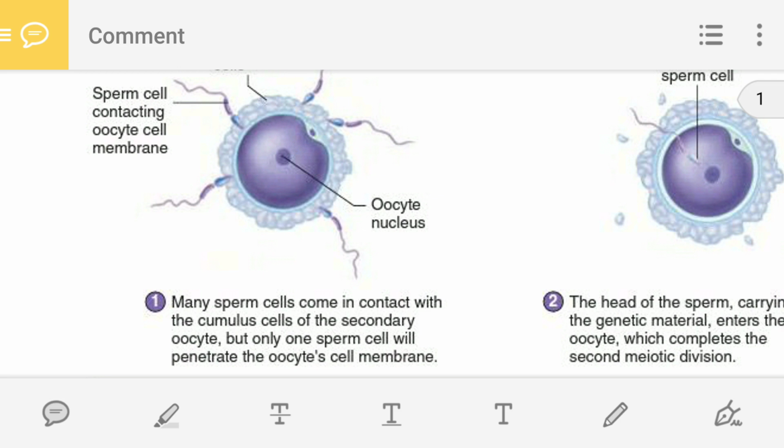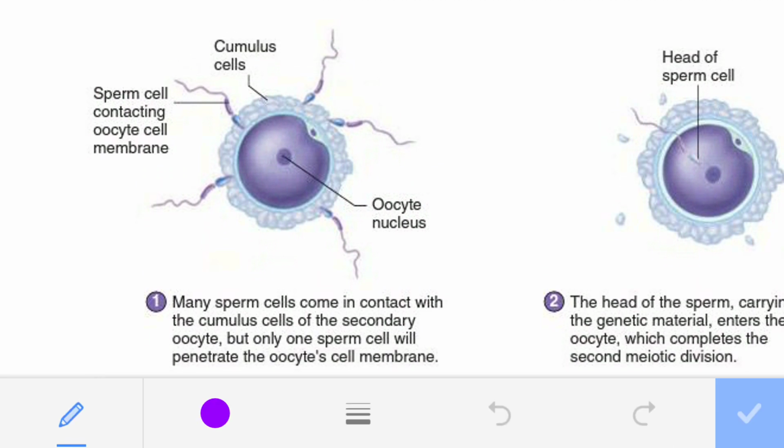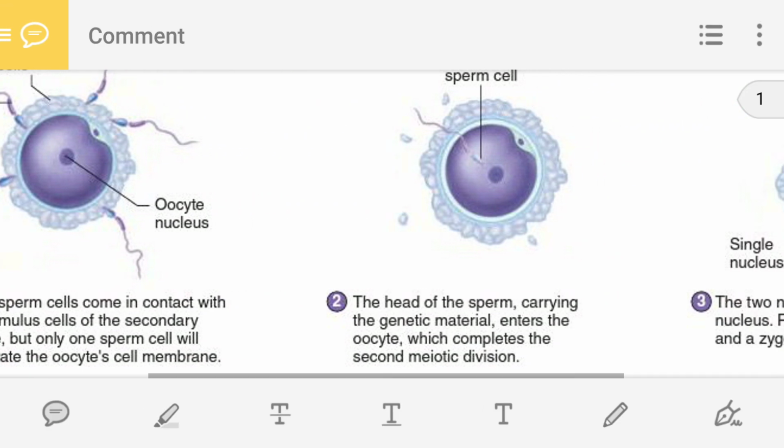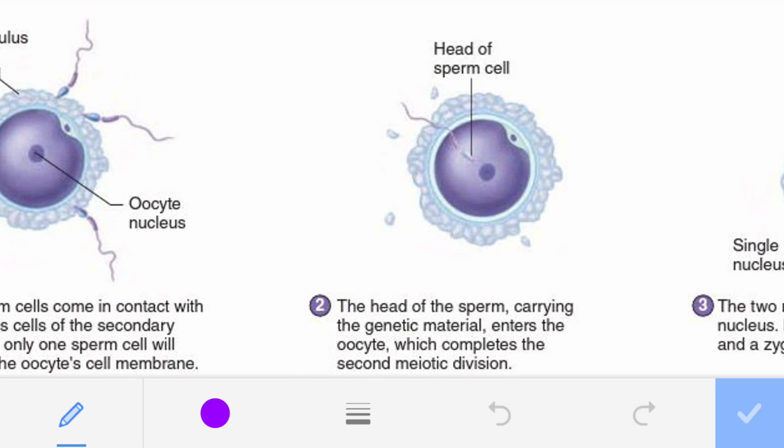So we can say now the secondary oocyte is surrounded by these corona radiata cells, and the entire secondary oocyte is surrounded by many sperm, and we know in the process of fertilization only one sperm is participating.